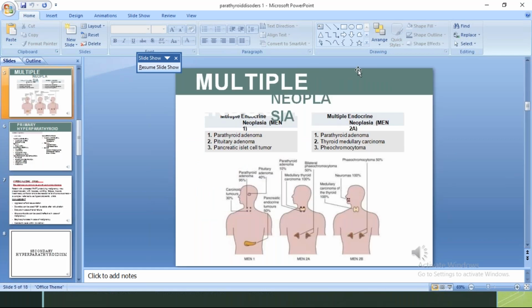Multiple endocrine neoplasias include MEN1 and MEN2A. MEN1 components include parathyroid adenoma, pituitary adenoma, and pancreatic islet cell tumor. In MEN2A, parathyroid adenoma is common, and then there are thyroid medullary carcinoma and pheochromocytoma.